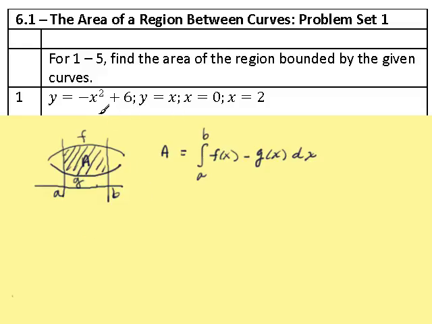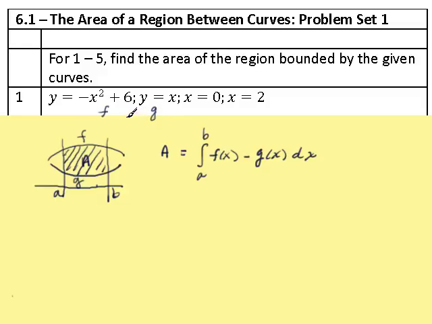So here are our curves. This one is the upper one, F, and this one is the lower one. Even without the graph, this can be done if we just determine that this curve is on top and this curve is on bottom by just substituting in, if we assume the curves don't intersect.